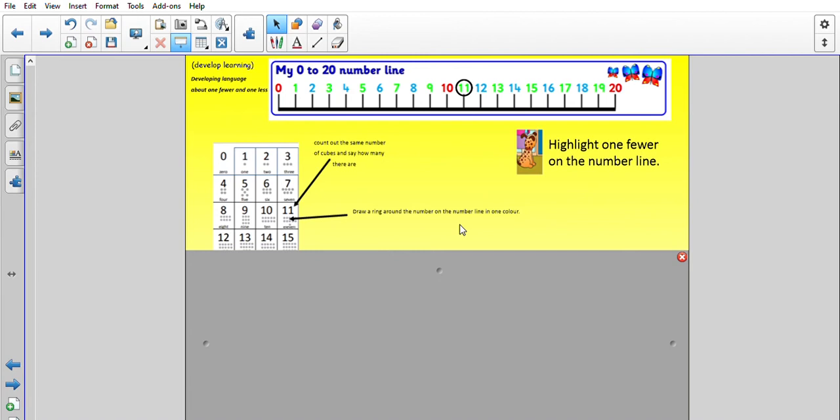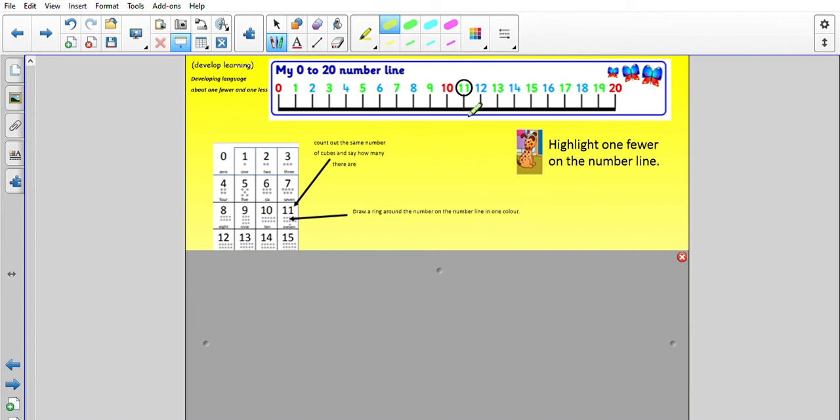Now it says highlight 1 fewer on the number line. Now which way on our number line if we're trying to find fewer? Fewer means less, so I'm going to go that way on my number line, aren't I? So I need to find one that is 1 less, and it says highlight.